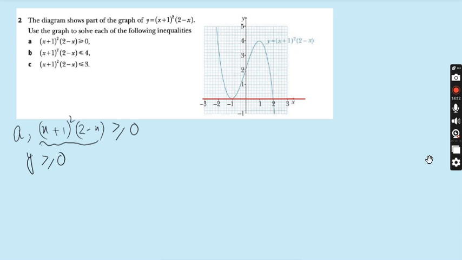The sign of inequality is greater than. So we have to take all those values of x which lie above this line, the red one. So you can see this point, and you can see any other point. Yes, this one.